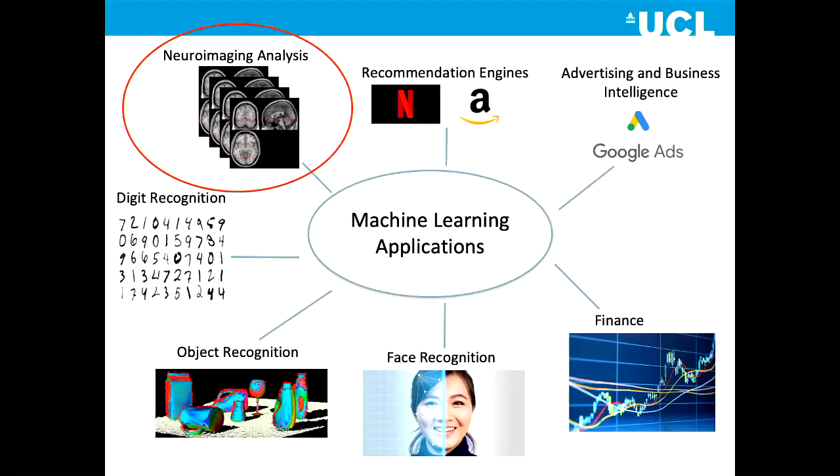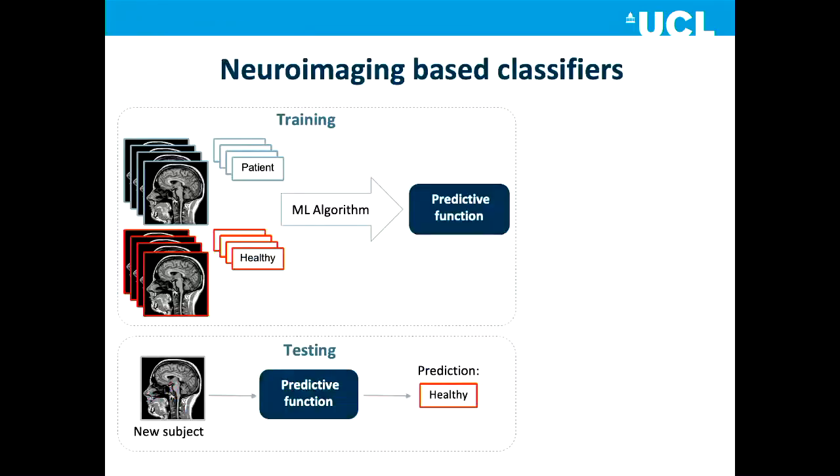And of course, today I'll be focusing on the application of machine learning to neuroimaging analysis. The most common machine learning framework that has been applied to neuroimaging so far has been the supervised classification framework. The aim of this framework is to classify groups.